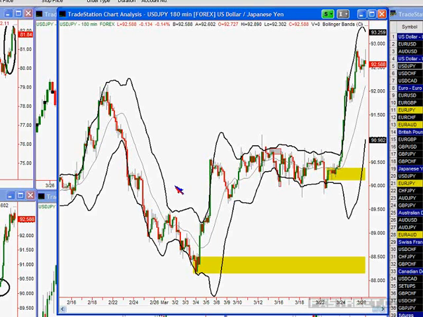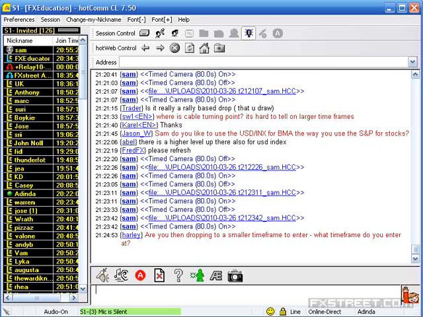That's not going to be enough. Yeah, I'm going to a smaller time frame. This pound's going to be tough. I think we're going to skip the pound right now. We'll go to a small time frame chart of the pound on the other workspace.